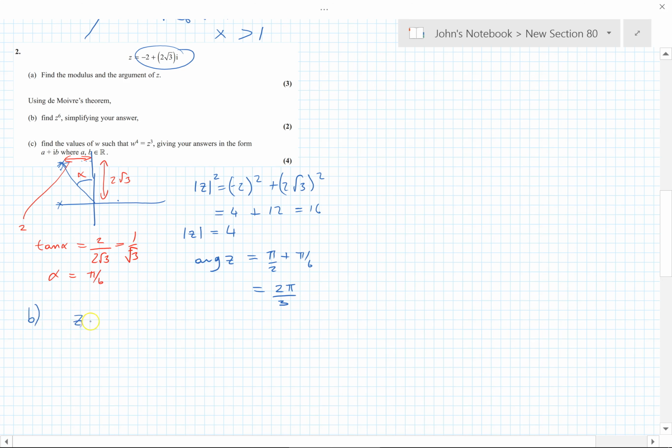We now know that z is equal to 4 cos 2 pi over 3 plus i sine 2 pi over 3.